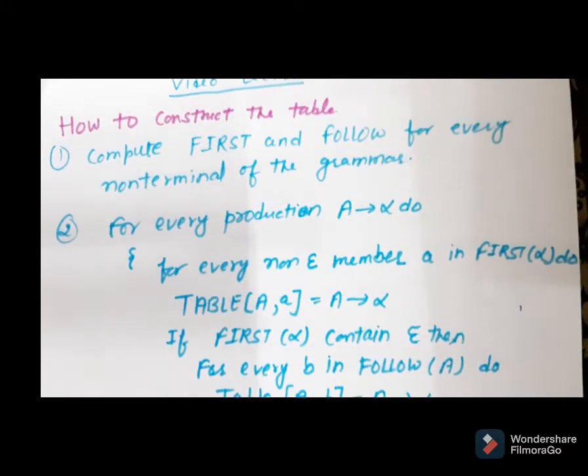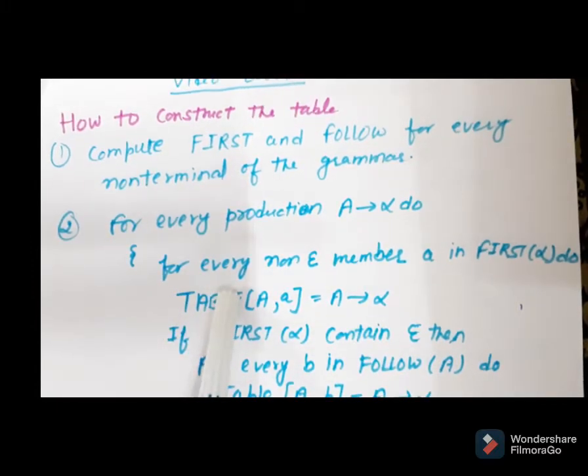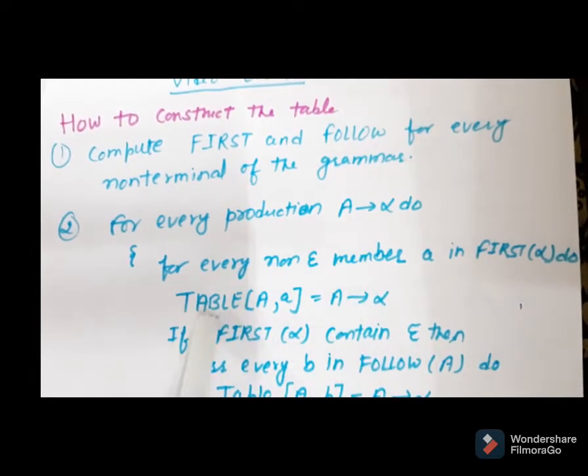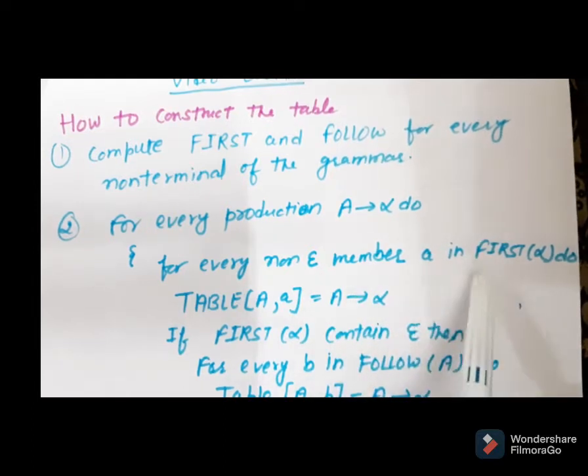In step number 2, for every production A tends to alpha, do for every non-epsilon member a in first of alpha, do table A, small a. This is non-terminal and terminal, and the production is A tends to alpha.